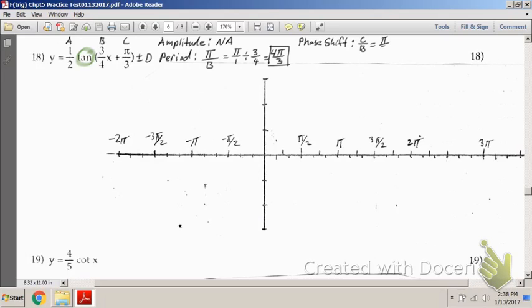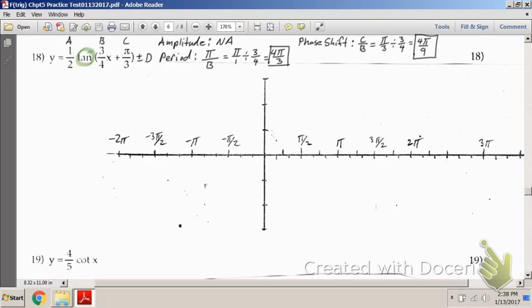All right, for our tangent and cotangent and our inverse functions, we really don't define them as having an amplitude, so that coefficient of a equal 1/2 is just going to be merely a vertical shrink. We do have a change in period here.